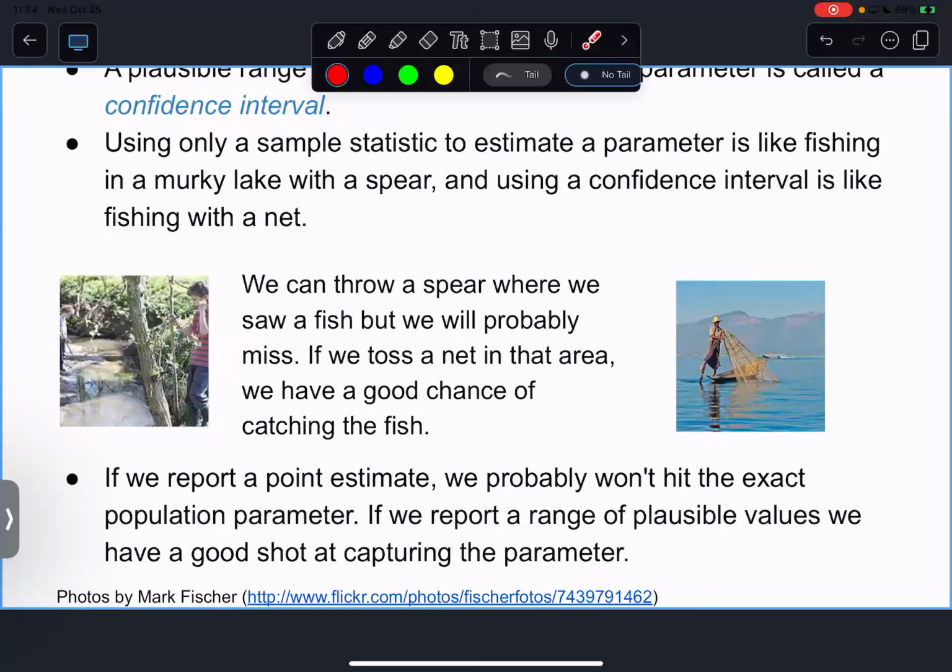We know it exists. But if I just use my spear, my sample proportion, I'm not going to catch the fish. It's very unlikely. But if I use a net, then I'm more likely to have captured the fish, or the population proportion in this case.